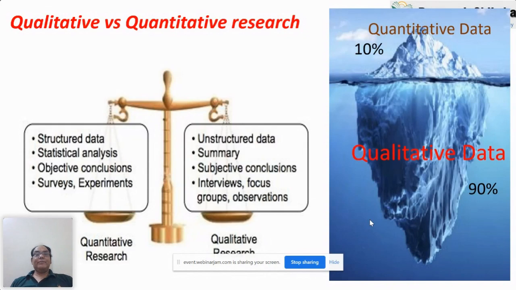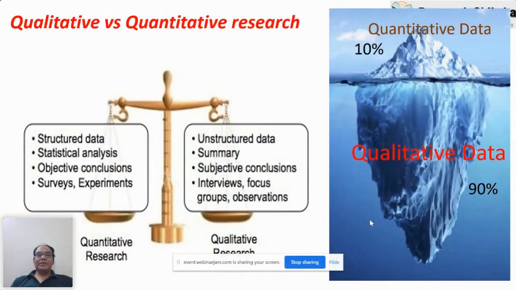But in machine learning, whenever we talk about big data, the data is divided into two categories: structured data and unstructured data. Because what is happening in the industry is that unstructured data is growing very fast, and this unstructured data has a lot of information.